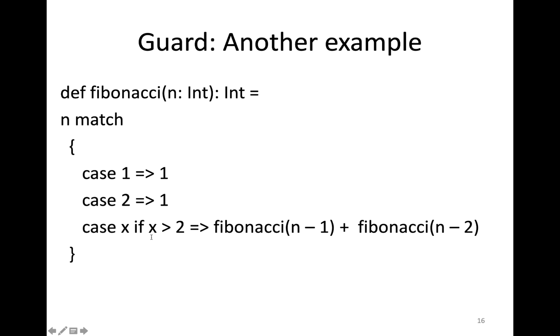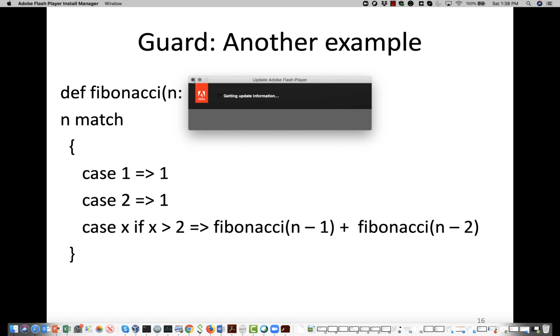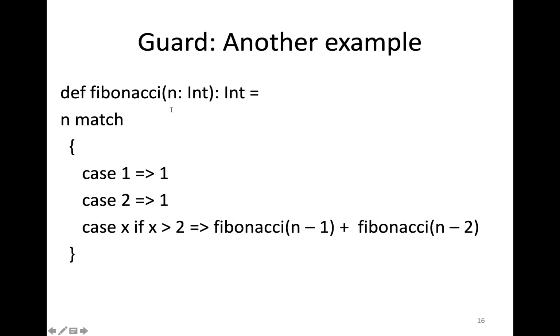So remember, this guard concept allows us to exclude the bad cases, because you understand that somebody can feed a negative number to this function, and that should be out of all these cases. So this guard allows us to do that in a succinct way. Okay.